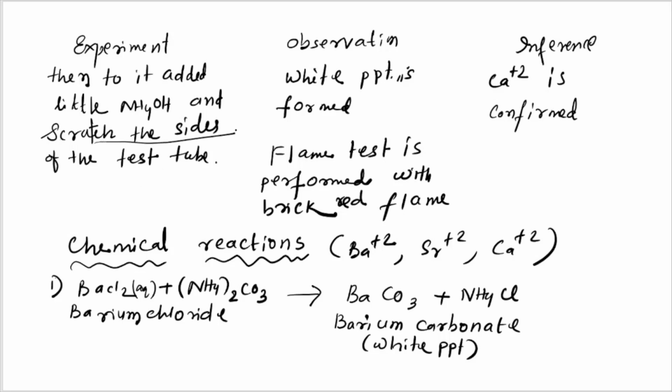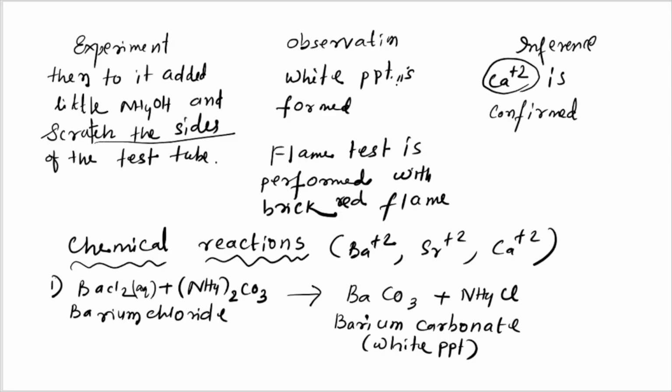If you observe a white precipitate, then Ca+2 is confirmed. The only important test here is ammonium oxalate with excess ammonium hydroxide, giving a white precipitate on scratching. Remember, Ca+2 is confirmed.